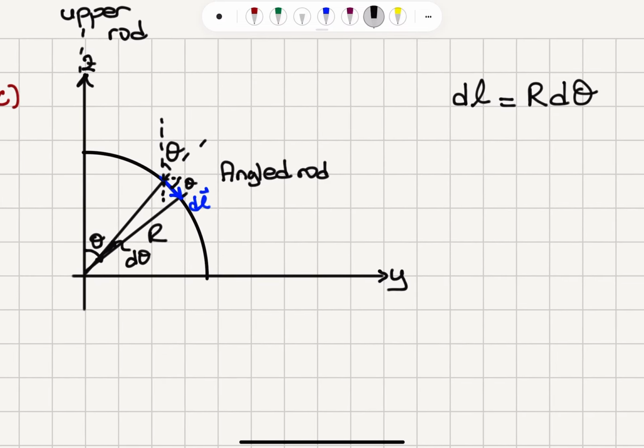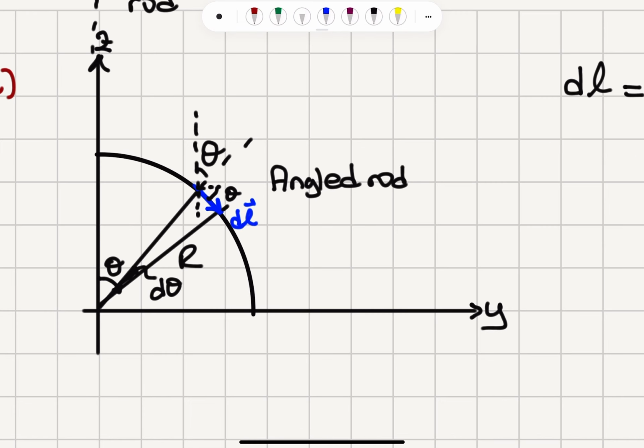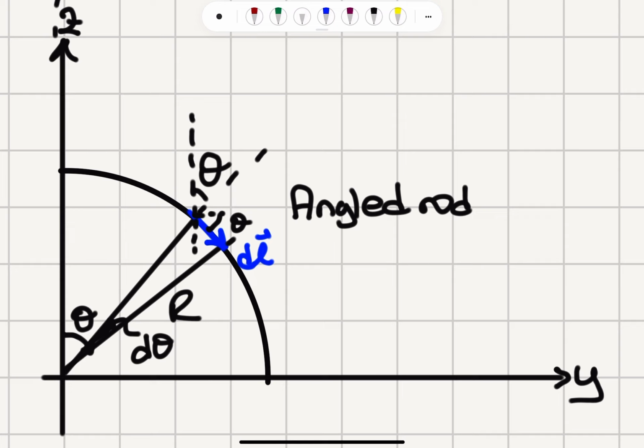Now, this makes an angle theta with the vertical axis. So if you extend this radial vector out and look at the angle with the vertical axis, that should be theta. Now, if I complete this to 90 degrees, this is 90 minus theta. And since dl is a tangential vector, it makes an angle of 90 degrees with the radial axis.